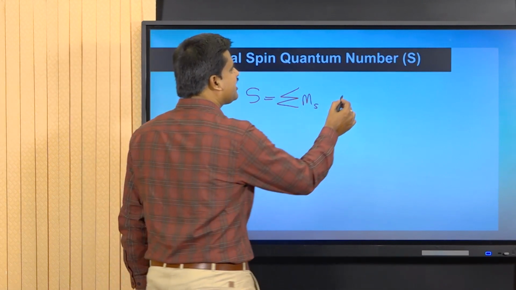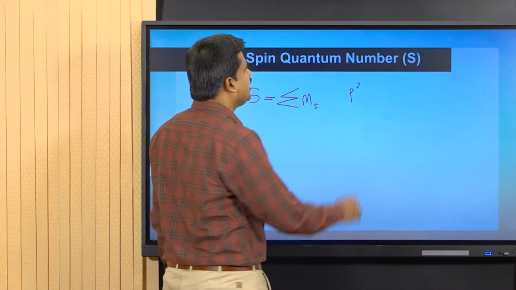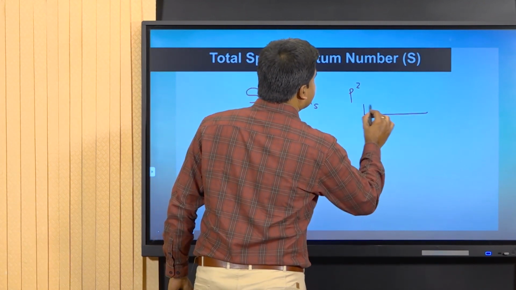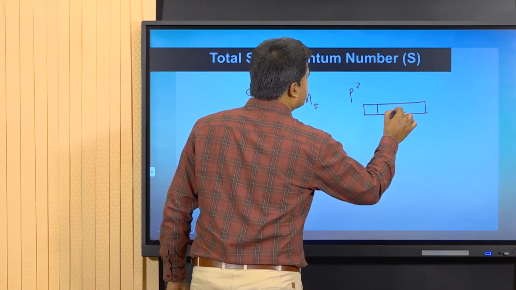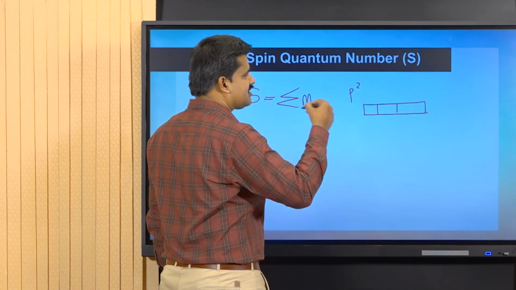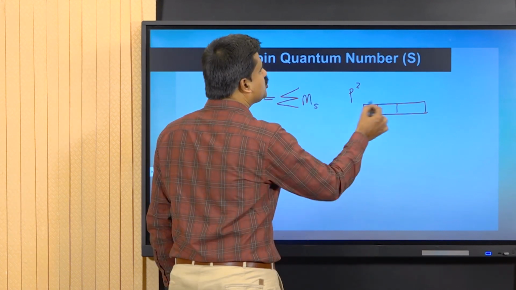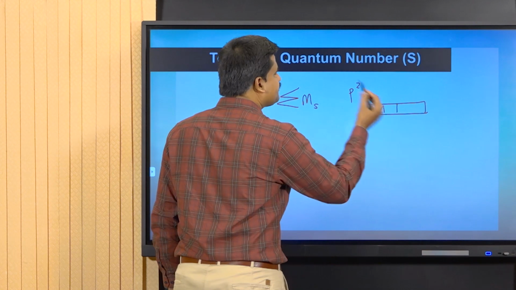Suppose we are having a configuration that is nothing but P2 configuration. The P2 configuration can be represented like this. There are 3 p orbitals, and as per the ground state electronic arrangement obeying Hund's rule, the 2 electrons must have the same spin.